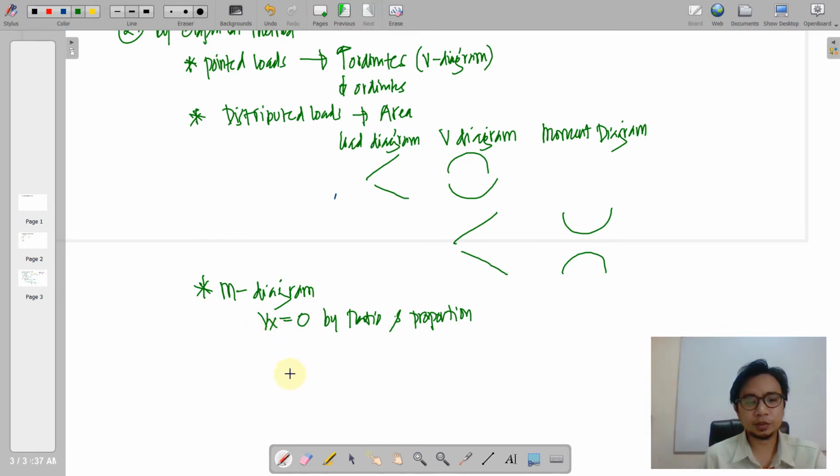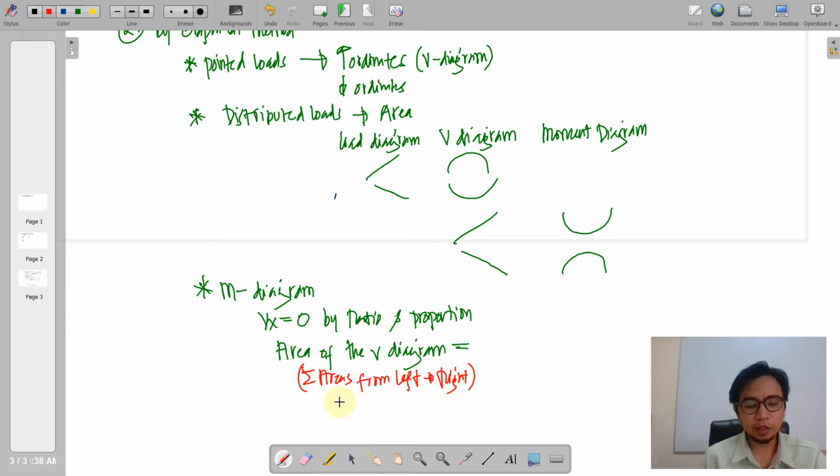So of course the moment diagram shall depend on the shear diagram, where the area of the shear diagram, we note here, is the sum of the areas from the left up to the right portion. So we start from left to right, and that will be equal to the ordinate of the moment diagram.